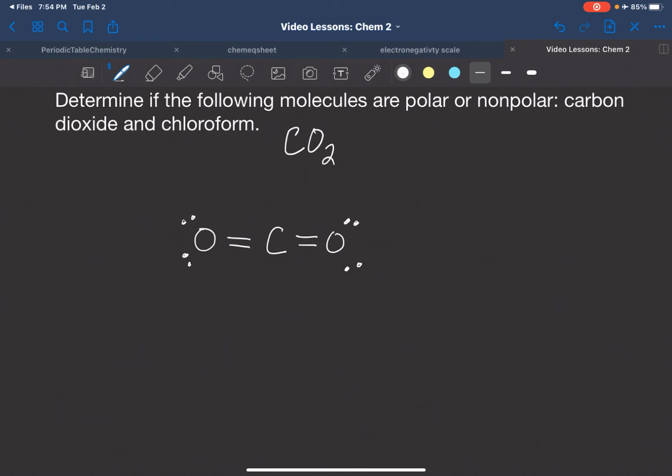So this carbon is pushing on this oxygen here, and it's also pushing on this oxygen here, because the electrons on the outside are repelling each other. But at the same time, we can also talk about this as the oxygen pulling on the carbon, and this oxygen here is also pulling on this carbon.